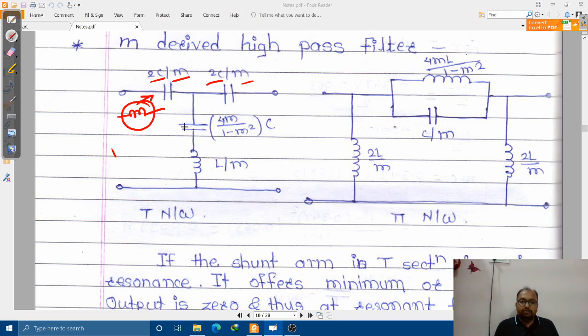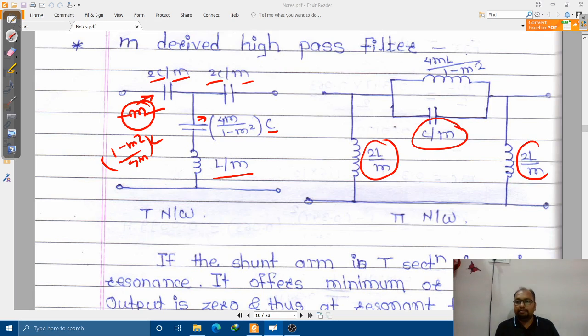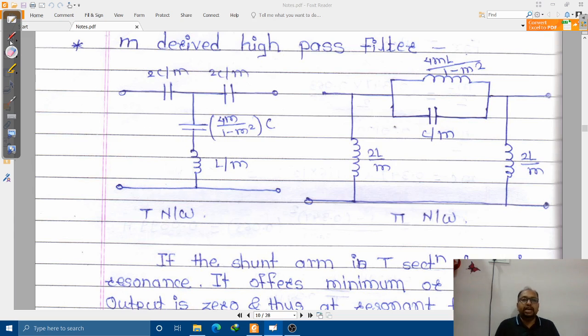Previously 1 minus M square divided by 4M into L was there. Now over here it is C, so it is getting inverted. So 4M divided by 1 minus M square into C, then it is L by M. Similarly, this is 4mL divided by 1 minus M square. This is C by M. This is 2L by M, right? So this is nothing but M-derived high pass filter.